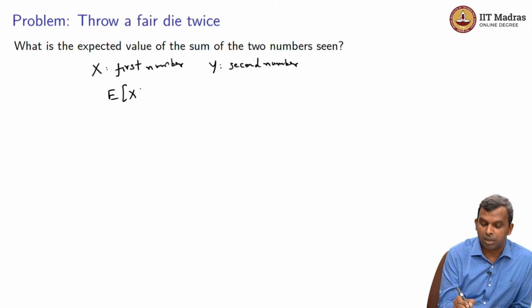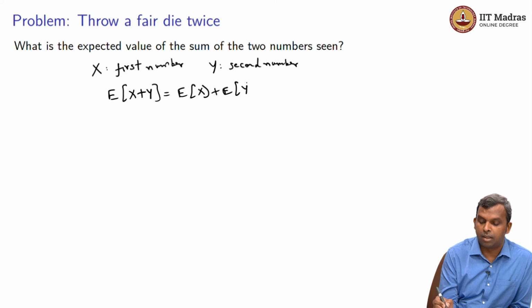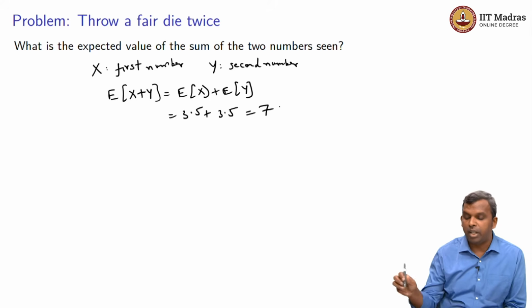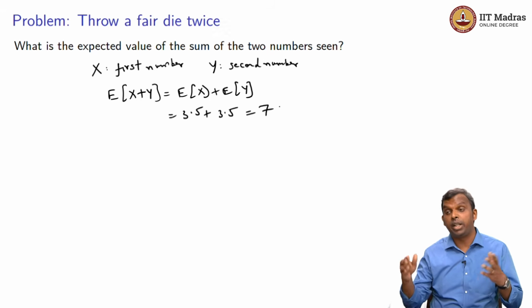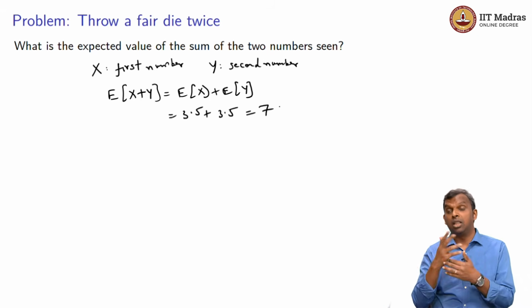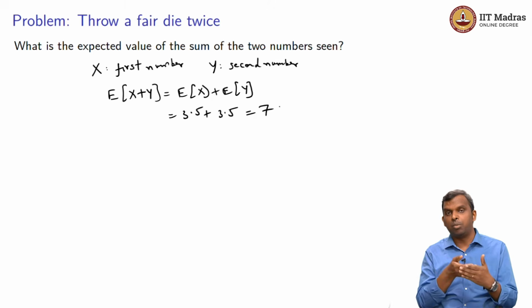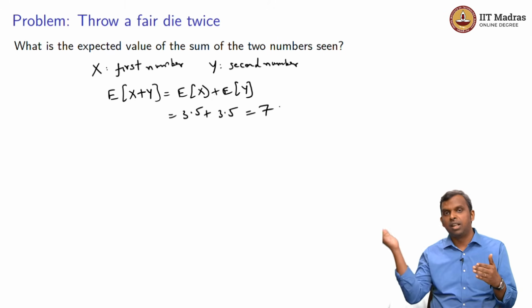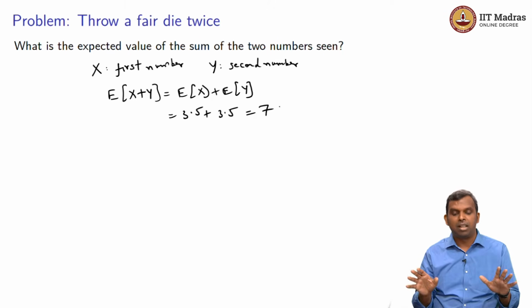Expected value of x plus y is simply expected value of x plus expected value of y. We know that the expected value of x is 3.5, this is 3.5, it's 7. I don't need the joint PMF. I don't need to look at the pair of the two numbers, all the 36 possibilities. What is the probability that it becomes 2, 3, 4 till 12? Average it out, nothing. To find the expected value, it's as simple as that.